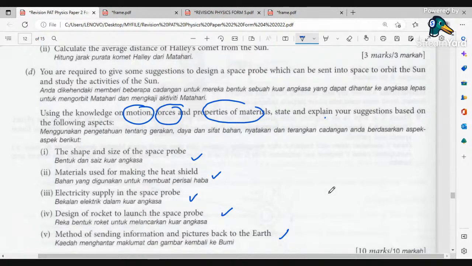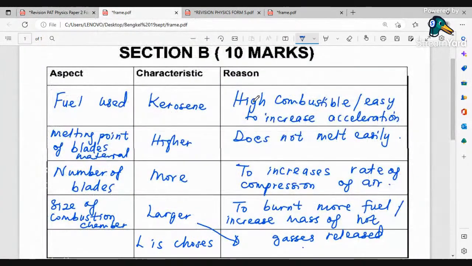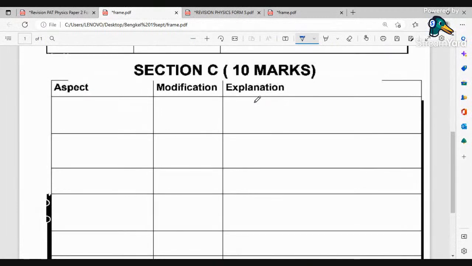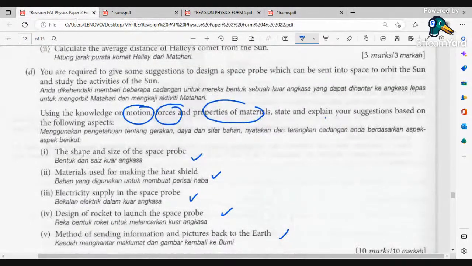Okay, let's try to write the answer in table form. For this one, section C. Okay. So the aspect will be the shape. The first one, shape. So I will write all the important aspect given. The shape and size of space probe.